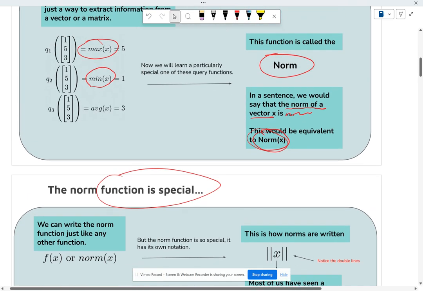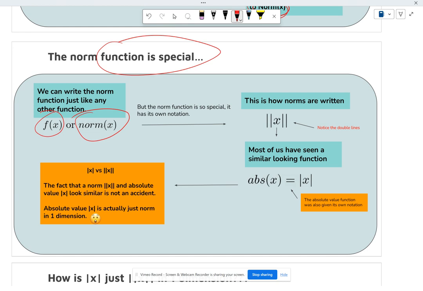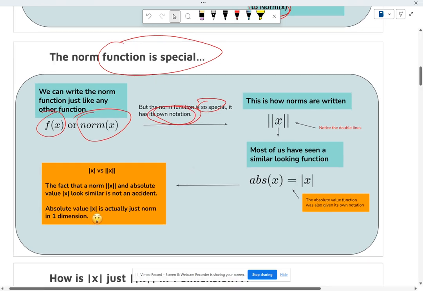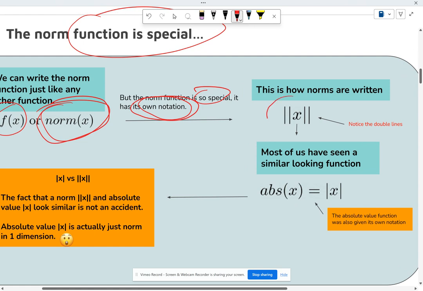Before we talk about what it is, let me tell you how we represent it symbolically. You can do it this way, or this way, essentially as some kind of function. But in mathematics in general, norm is so special that we give it its own notation. Instead of norm of X, we write X with two double lines around it, and this represents the concept of norm.